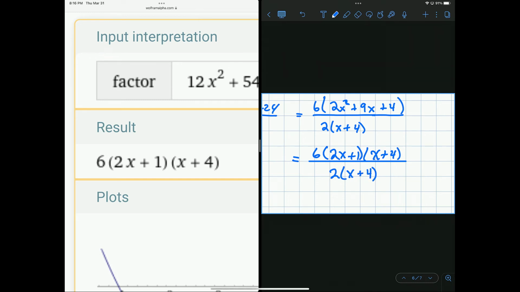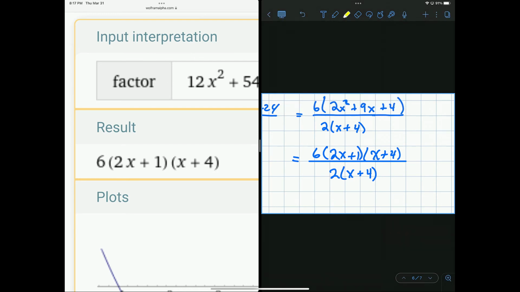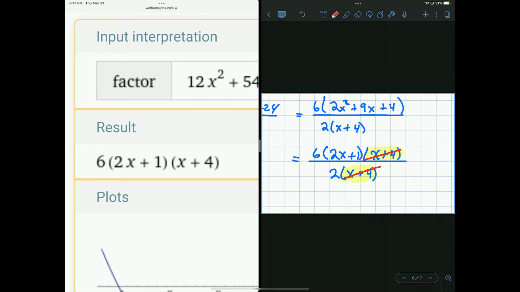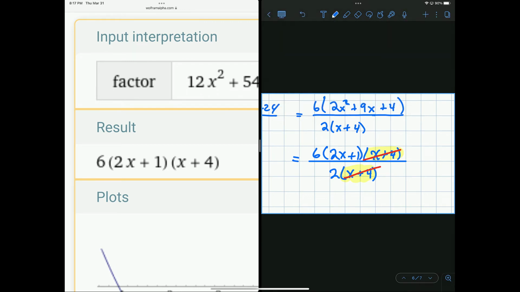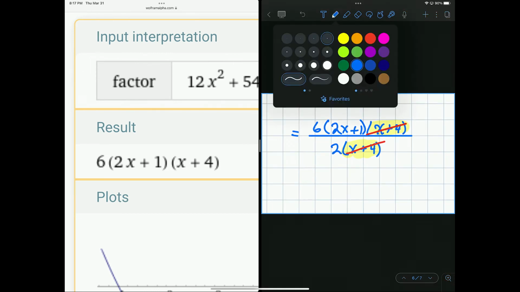The point is that you can notice if it's factored that you have an x plus 4 on top and an x plus 4 on the bottom. And that means you can cancel them, which would leave you with, also, let me do one more canceling, sorry.